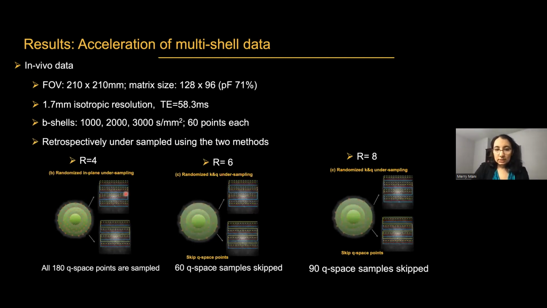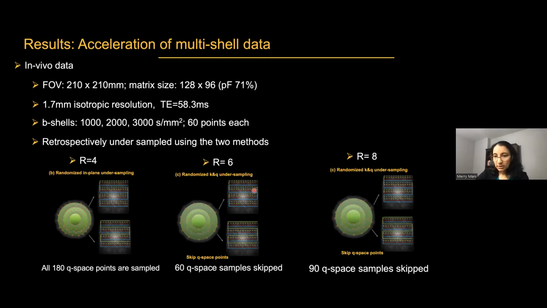For moderate acceleration such as R equal to 4, I only undersample in the k-space domain. So all the 180 Q-space points that belong to all the 3 shells are sampled, but the k-space is undersampled in each of these settings using a randomized pattern. In order to push the acceleration to higher levels, then I start skipping my Q-space points too.